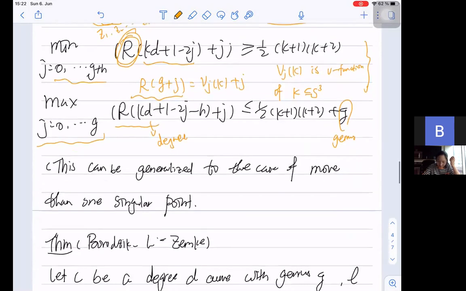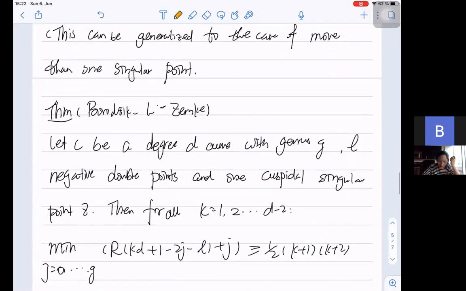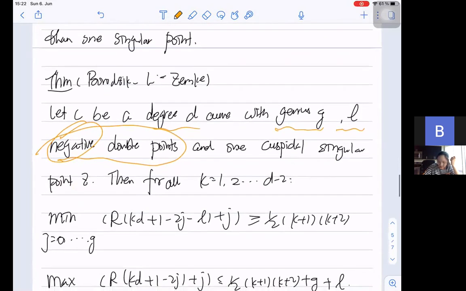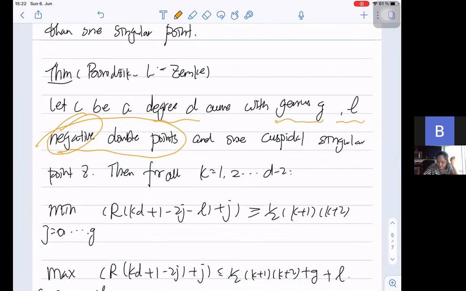The second result is: now we have the complex curve C. It has degree D and also genus G, but now we have L negative double points. So in the last theorem it was positive double points, and here we replace them by negative double points.